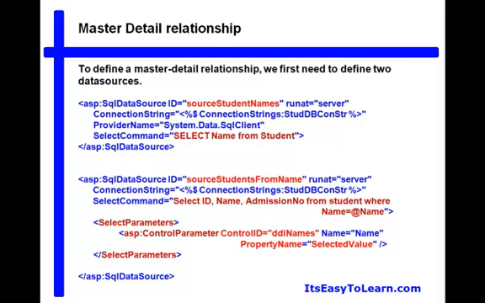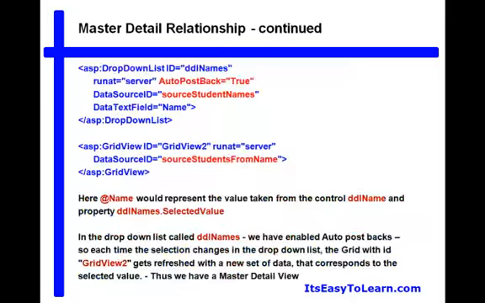We specify the control ID as DDL names. That is how DDL names, which is the drop down list, controls the elements in the grid view called grid view 2. This is a master detail relationship.